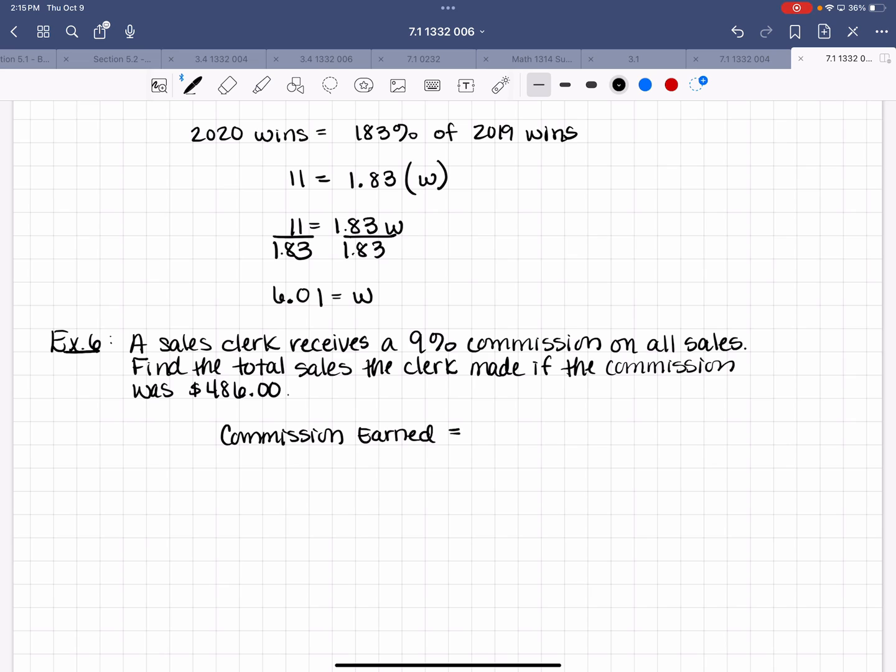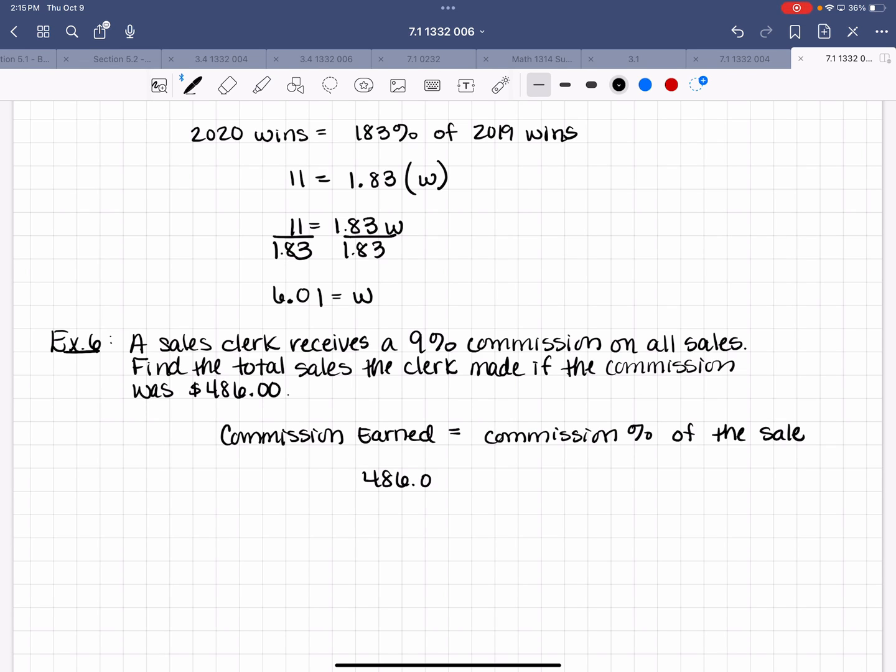Commission earned equals the commission percent of the sale.